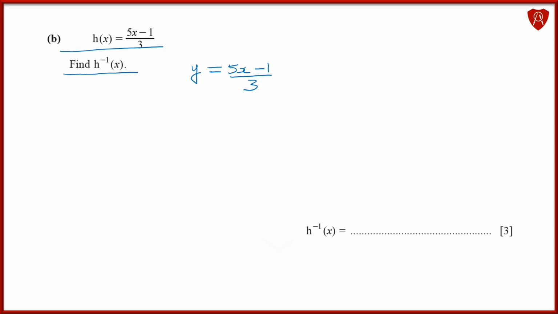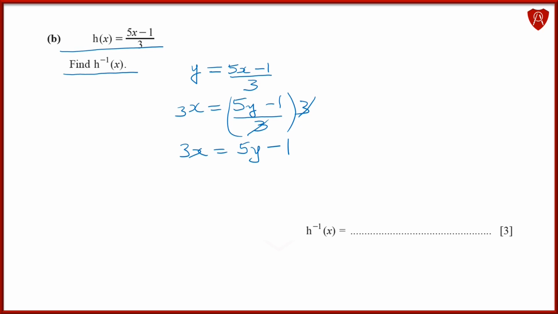Next, we interchange the positions of x and y, and we get x equals 5y minus 1 over 3, and then we make y the subject of the expression, which requires that we multiply both sides by 3, and we get a new expression, 3x is equal to 5y minus 1.